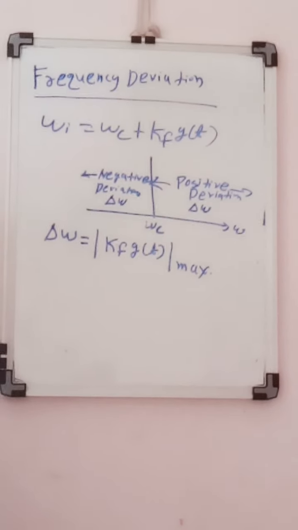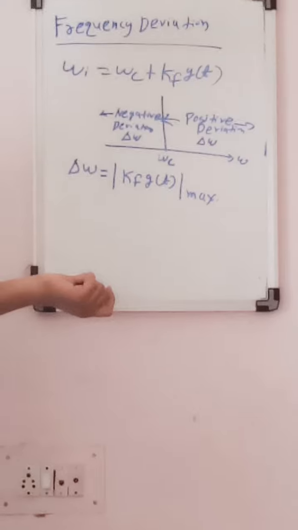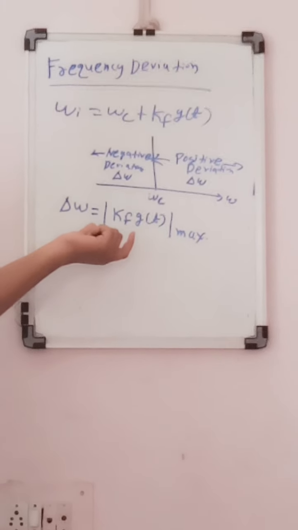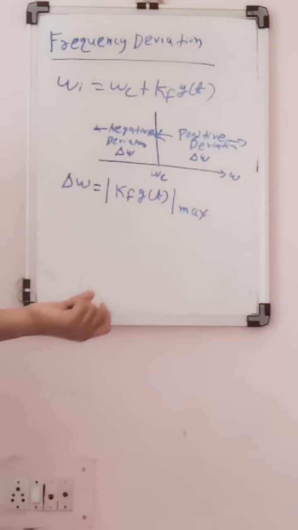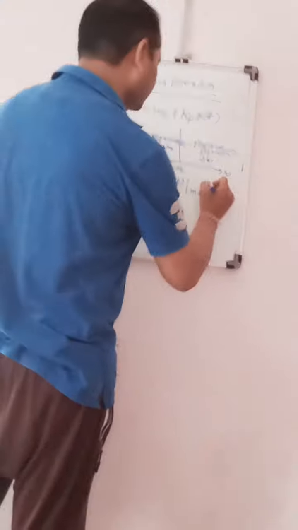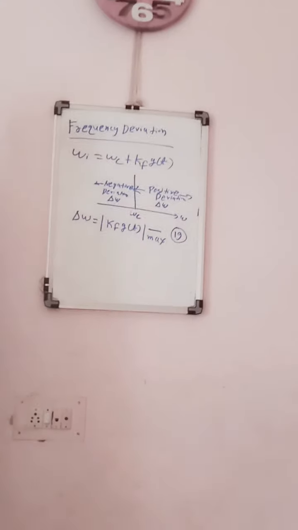The sign decides whether the deviation is positive or negative. Let us say this expression is number 90, the expression for the frequency deviation.